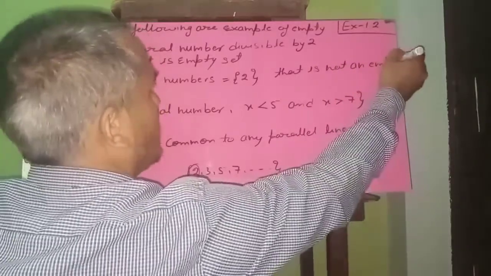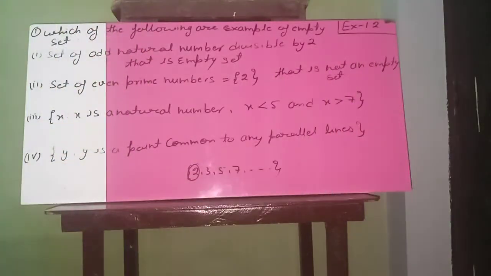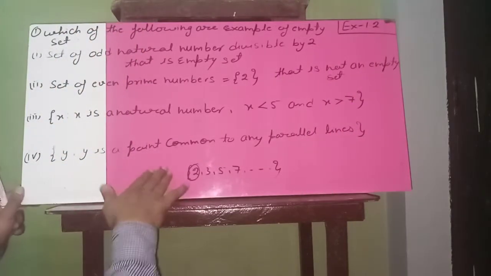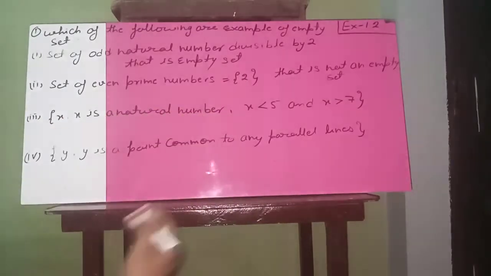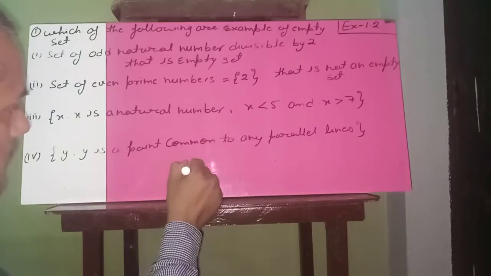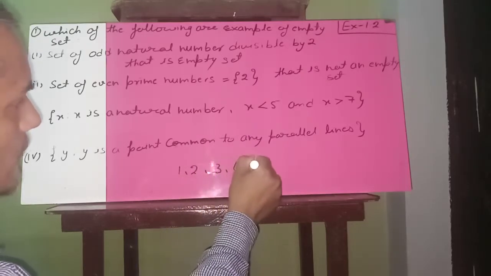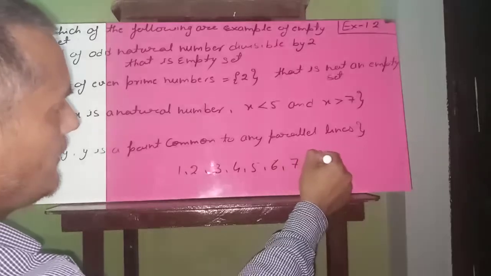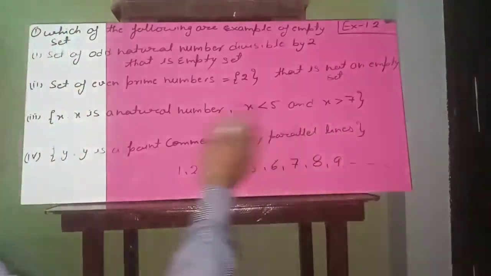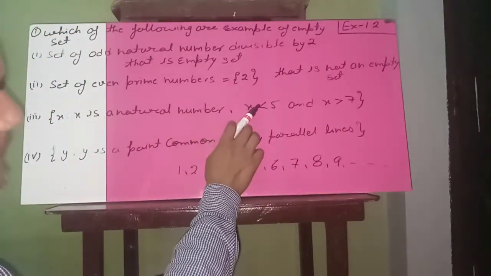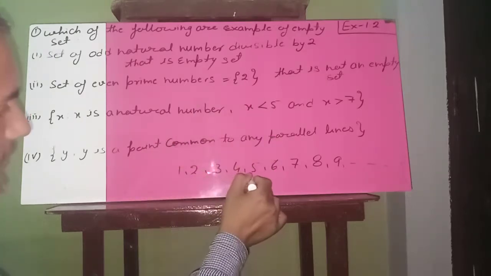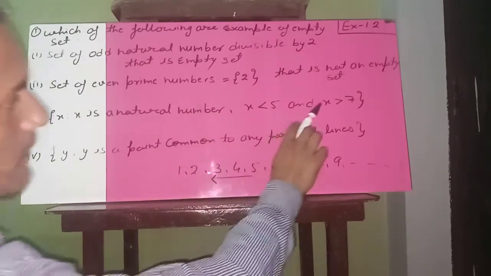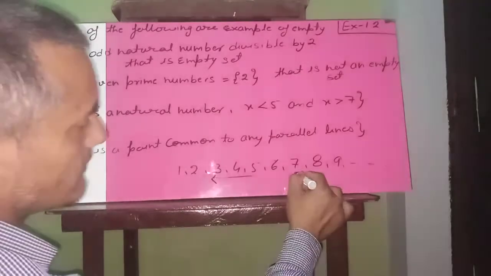Third is x is a natural number. So what are natural numbers? 1, 2, 3, 4, 5, 6, 7, 8, 9 and so on. Which type of natural number? x is less than 5 and x is greater than 7.